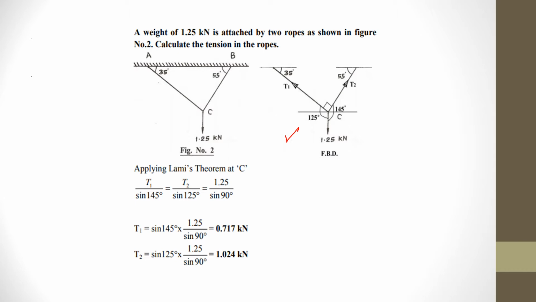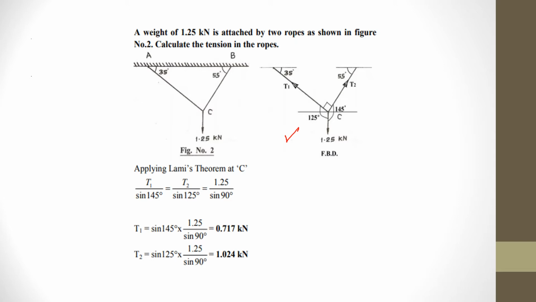So we will use Lami's theorem because we have three forces given. So for this we will need angles between all these forces. So angle between 1.25 kilonewton and tension T1 is 125 degree. Angle between T2 and 1.25 kilonewton is 145 degree, and angle between T1 and T2 is 90 degree.